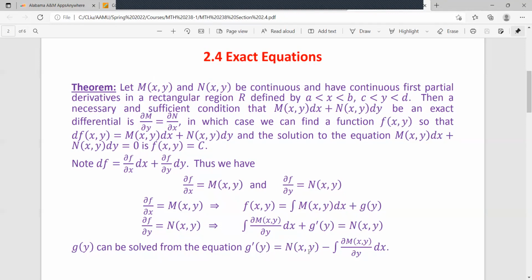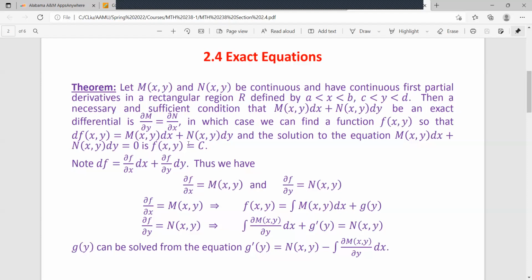The n and the m are given in the problem, remember, so everything is known on the right-hand side. You integrate it to get g, and then go back to f equals the integral of m dx plus g(y). Once we found g, you can just integrate m with respect to x to get f.